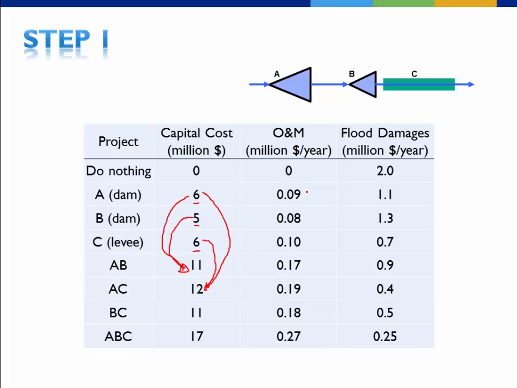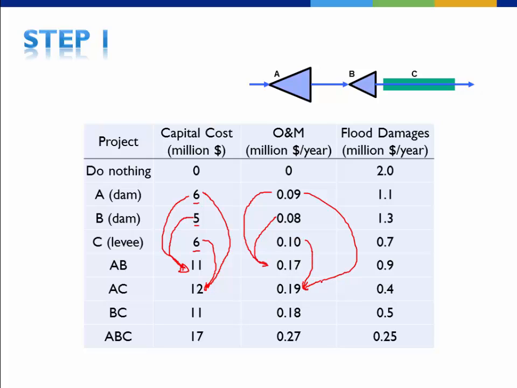Okay, this is the operation and maintenance, and it's exactly the same. When you calculate this operation and maintenance, this 0.17 comes from adding 0.9 plus 0.8. This 0.19 comes from adding A and C, which is this plus this.